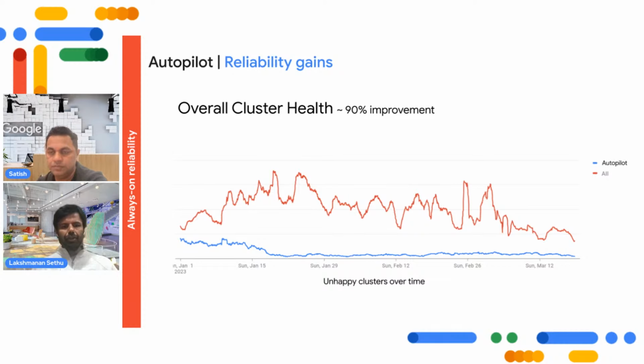You see the huge difference: the happy customers are more towards Autopilot, compared to when you use a standard one. That's the same insight we're trying to highlight, that you get better TCO and higher reliability, and the more you use it, the more reliability gains you get, because it's all Autopilot.